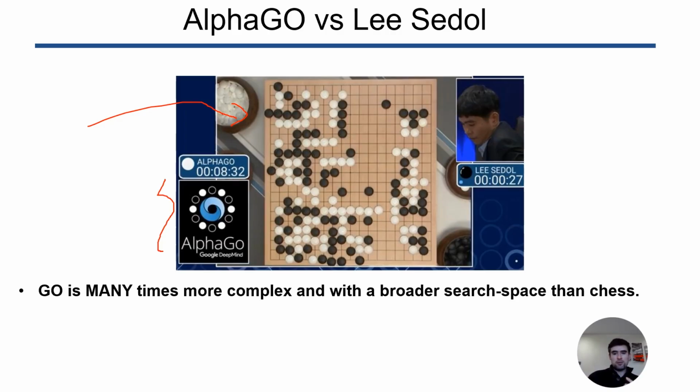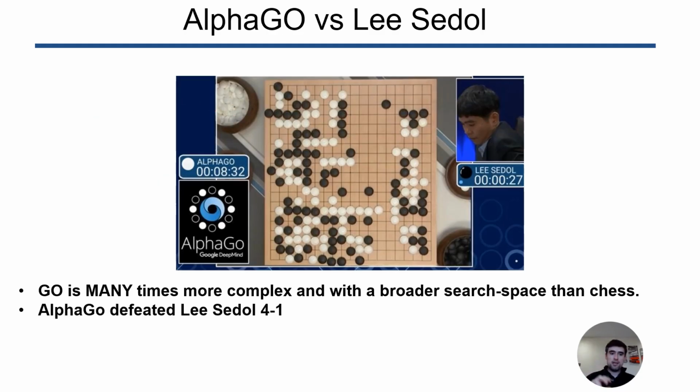So, how do computers do? Well, there's a whole documentary about this, it's out on YouTube and it's free, and you can watch it, and it's actually very interesting. But the main idea is that AlphaGo, the supercomputer, was able to beat Lee Sedol, who was arguably the second best player in the world, 4-1.